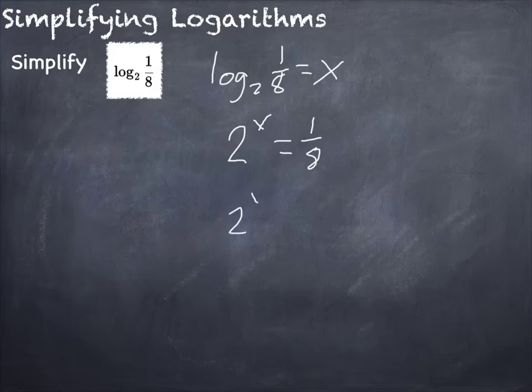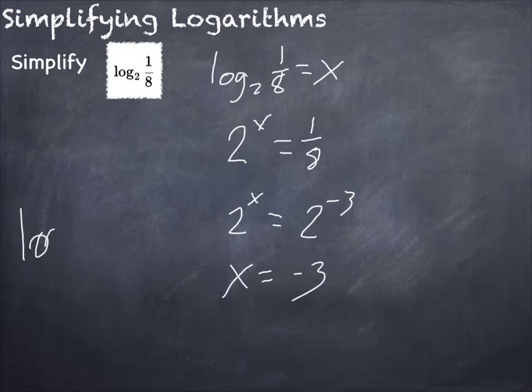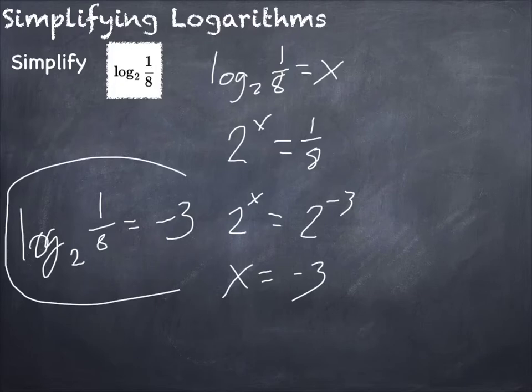So 2 to the x power, 1/8 is, well, 8 is 2 cubed, and since it's in a fraction, 2 to the negative 3. Set the exponents equal to each other. You get x equals negative 3. So log base 2 of 1/8 is negative 3. And there it's simplified. So we're going to do a lot of rewriting back and forth between exponential and logarithmic forms.